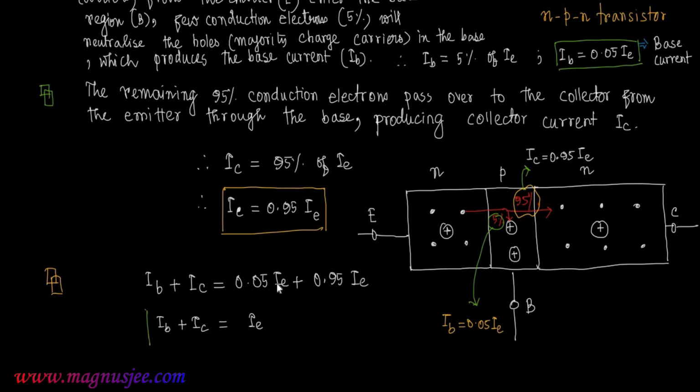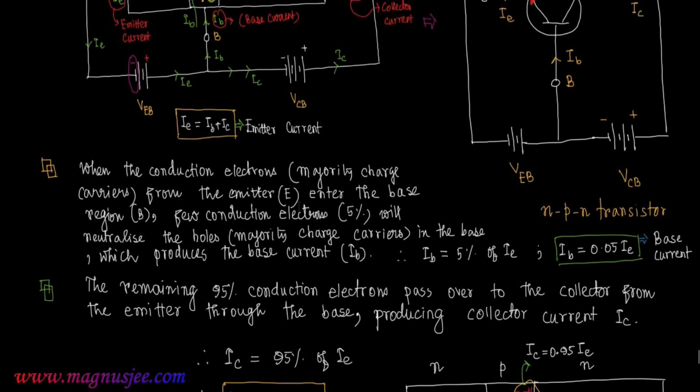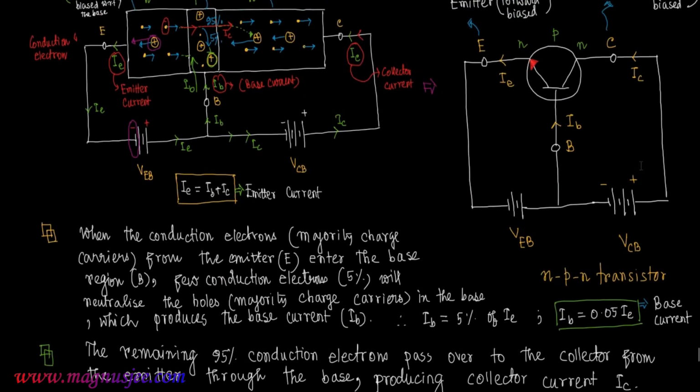The sum of base current and collector current is equal to the emitter current. IB plus IC is equal to IE, which is the emitter current. So this is the working of the NPN transistor.